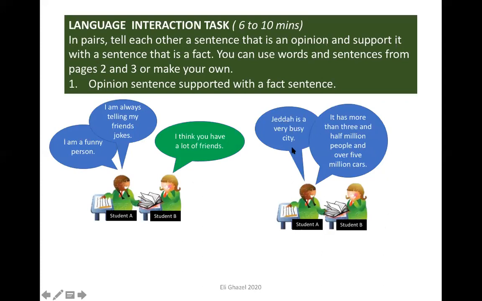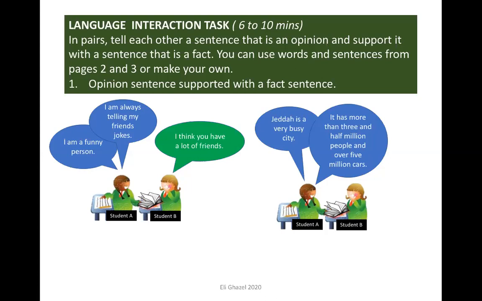So Jeddah is a very busy city is an opinion. Because somebody coming from, let's say, Beijing or Shanghai would say, huh, this is nothing. This is a quiet day in our city. So you notice, yeah, we might all agree that Jeddah is a very busy city until somebody comes from a city that is busier and will say this is nothing.